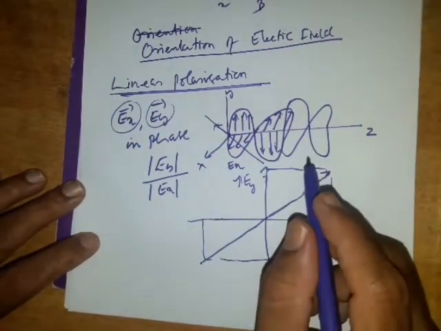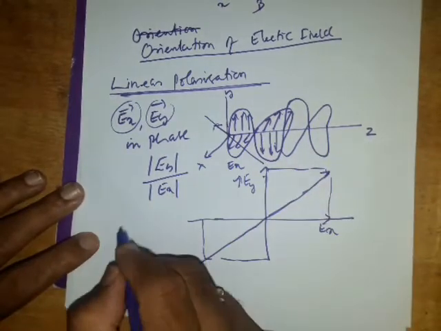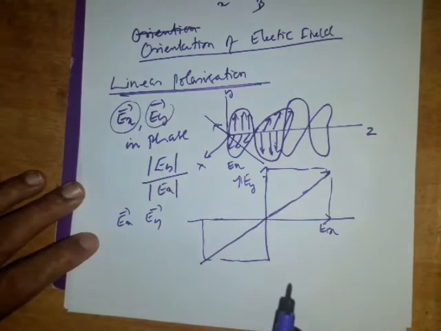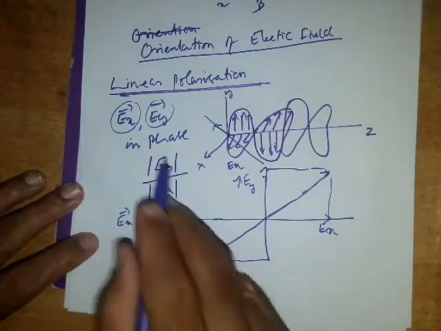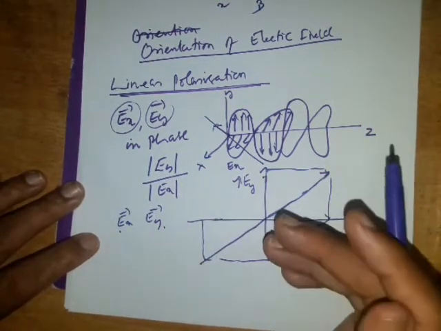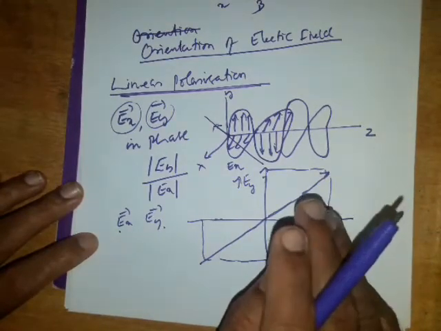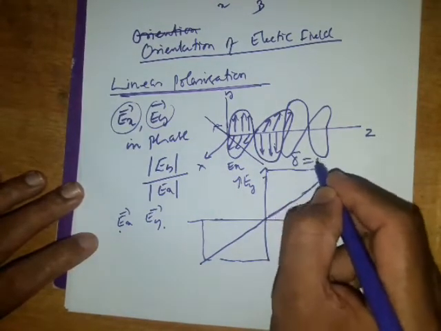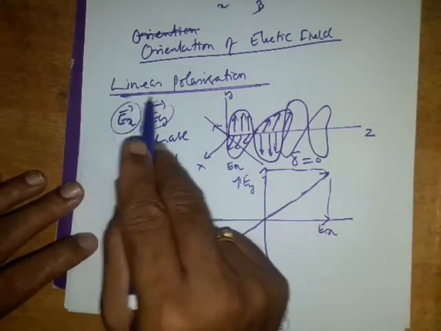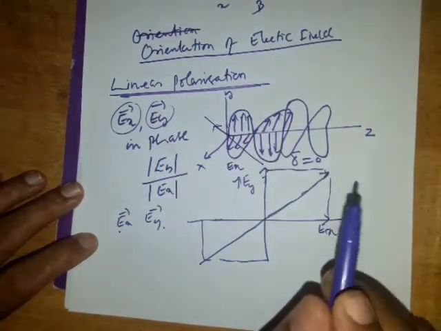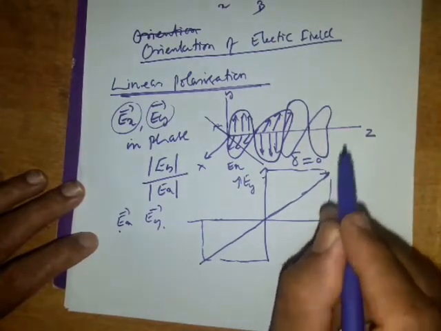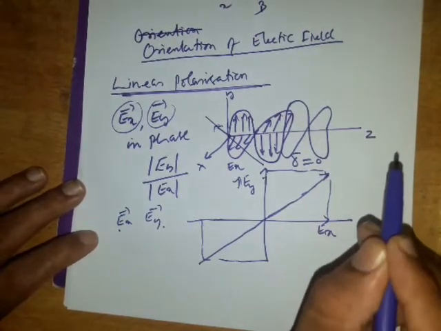So what is the condition to have a linearly polarized wave? Both the Ex vector and the Ey vector must be in phase, and the magnitudes of Ex and Ey can be either equal or unequal, but the phase difference is always 0. They are in phase. So this is what the linearly polarized wave is, where the vibration of the electric field vector is along one particular line.